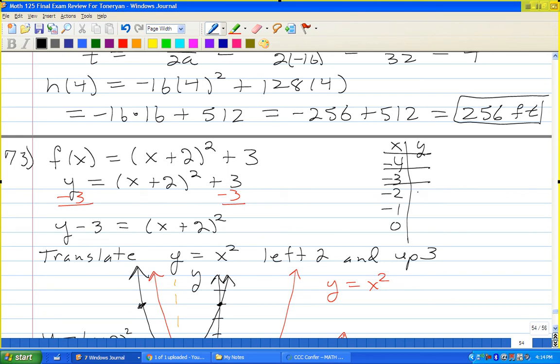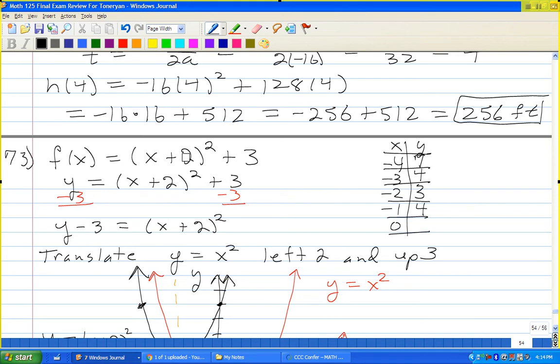If I fill that in: negative 4 plus 2 is negative 2, squared is 4, plus 3 is 7. Negative 3 plus 2 is negative 1, squared is 1, plus 3 is 4. Negative 2 plus 2 is 0, squared, plus 3 is 3. Negative 1 plus 2 is 1, squared, plus 3 is 4.